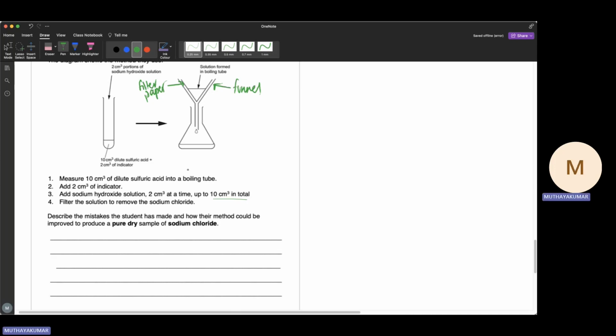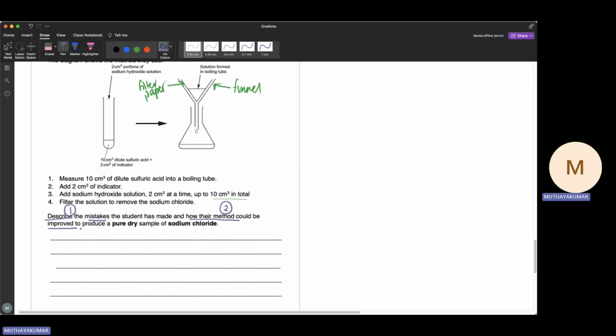So I would consider there to be 3 parts to this question. We've got describe the mistakes. Then we've got the second part, which is describe how their method could be improved.